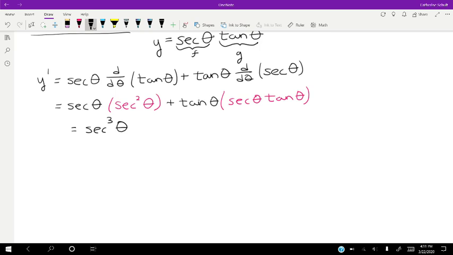So we can rearrange the factors. 2 factors of tangent and then 1 factor of secant. So we can do secant theta tangent squared theta. Something like that. Okay, and just so you guys know, this answer is acceptable.